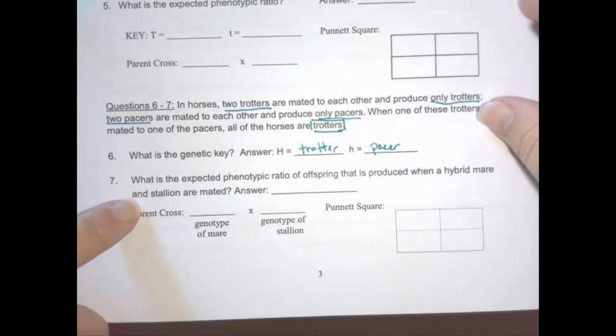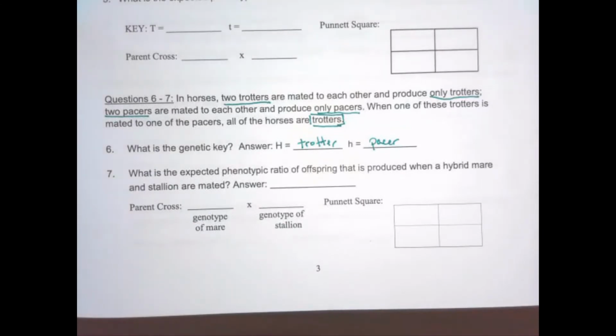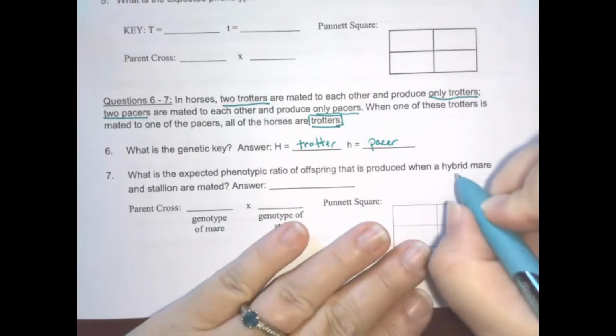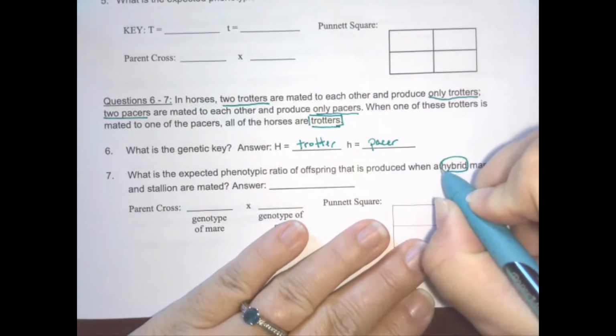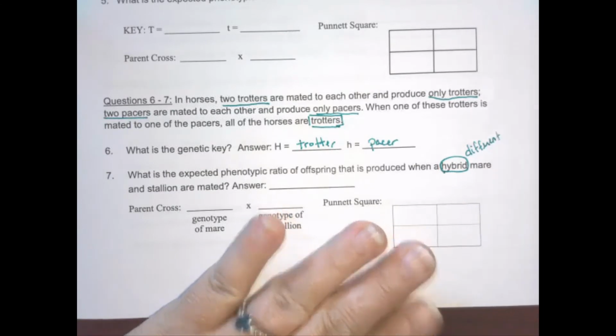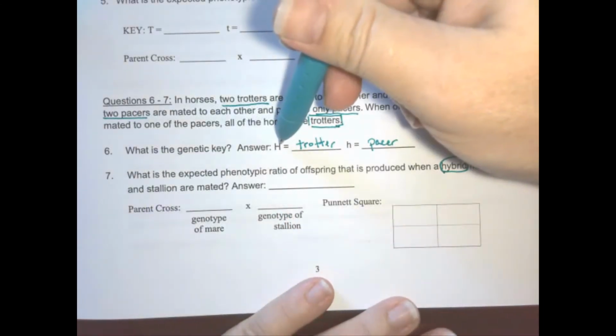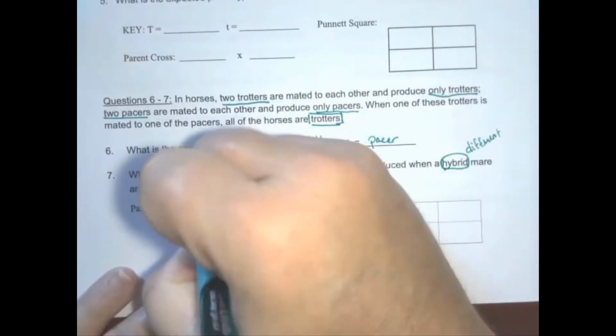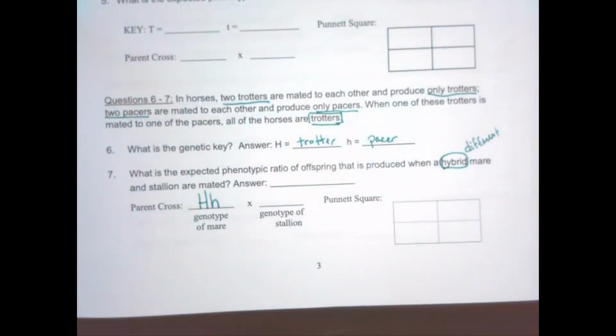So what is the expected phenotypic ratio of offspring that is produced when a hybrid mare is mated? So guys, the hybrid part tells you it's different. Since it's different, we're going to have a big H, little h. Okay. And we also see that it's going to be a hybrid stallion.